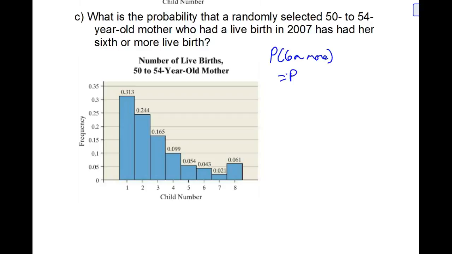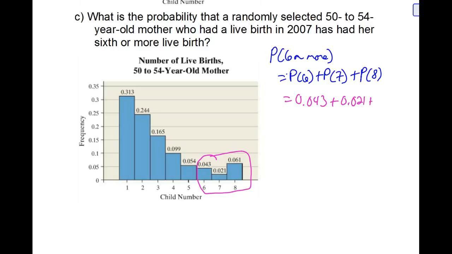So that would mean the probability of 6 plus the probability of 7 plus the probability of 8. So we want all 3 of these. So that's going to be 0.043 plus 0.021 plus 0.061. And that will give me 0.125. So the probability that it's the 6th or more live birth is going to be 0.125.